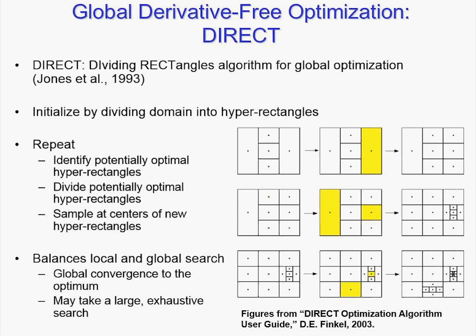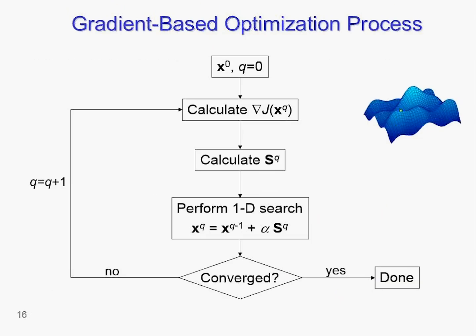It's got all different rules for figuring out which ones to divide and which ones not to divide, and how to progress. So this is one that tries to go at global optimization. The problem with this one is that it just keeps running and running. We've used this a couple times, but it tends to take so long to run that it's not particularly useful.